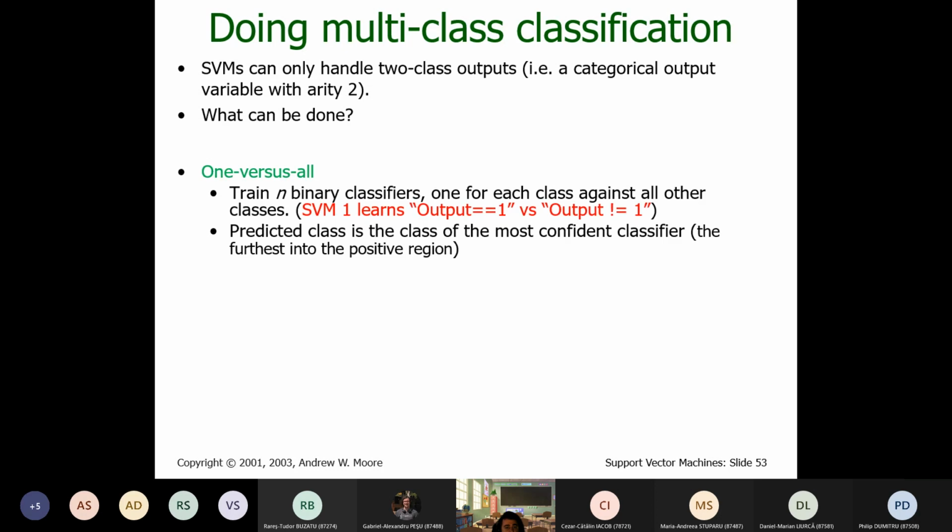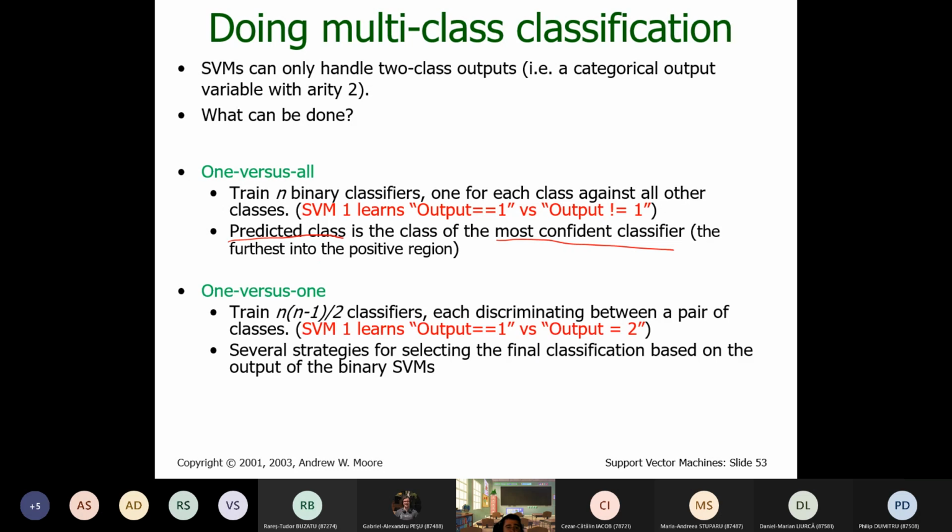So one solution is one versus all: train n binary classifiers, each of which should say whether a point is in a class or not. Once you have evaluated a new point using all these classifiers, the predicted class is the one that is most confident, the one that gives you the highest value, the farthest in the positive region.